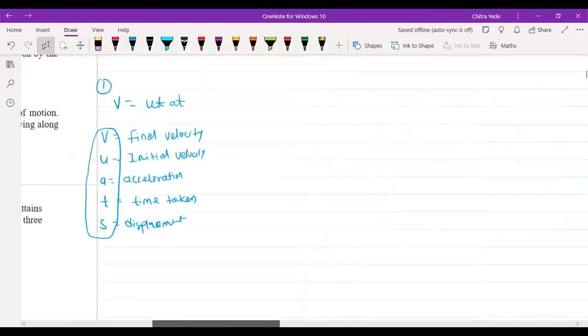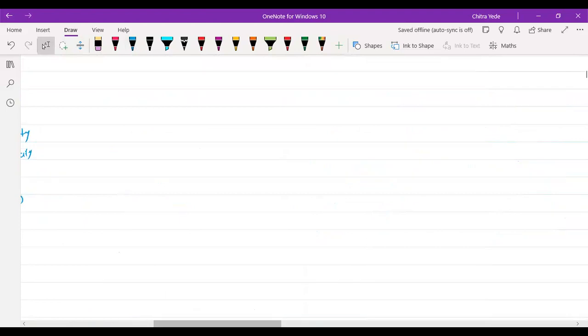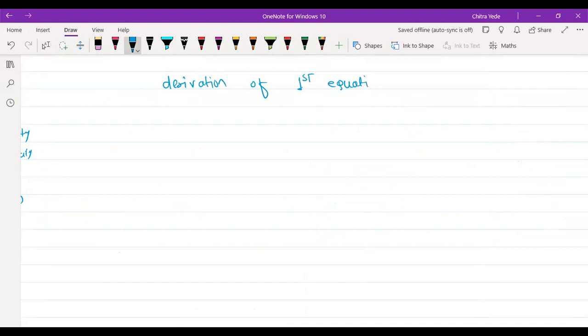So I'm writing here the derivation of the first equation of motion. We know what the first equation of motion is: V equals U plus AT, right? We have to derive that, beta.